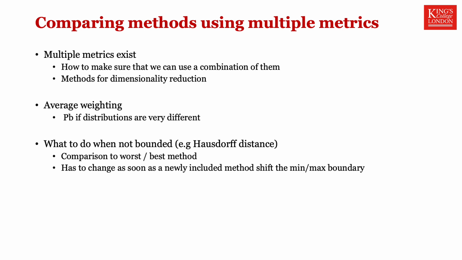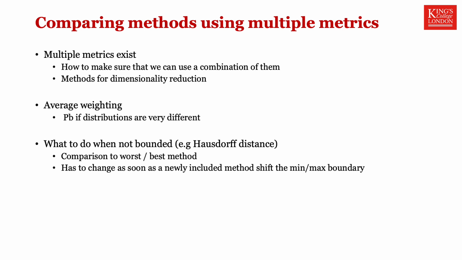You need also to say, well, yes, I may want to weight things, but what happens if one of my metrics is not bounded? Most of them we have seen are bounded between 0 and 1, but some are not, and for some it's better to be low, and for some it's better to be high.